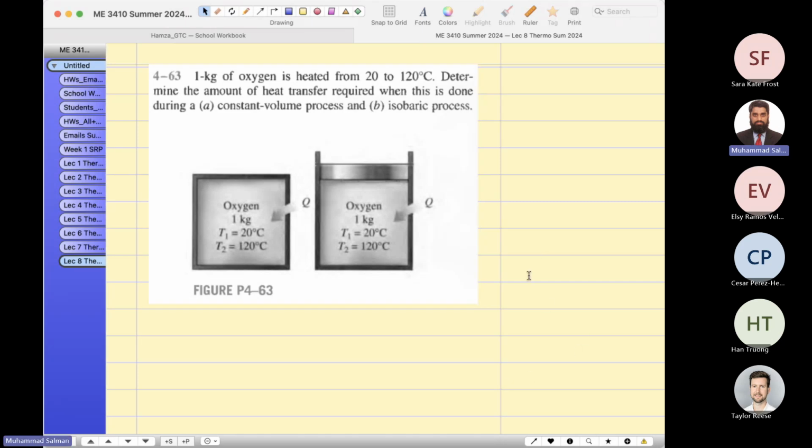The question is: 1 kilogram of oxygen. So the mass has been given to us, and the fluid is oxygen.